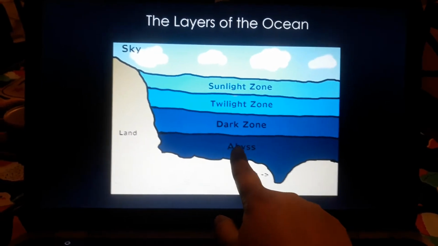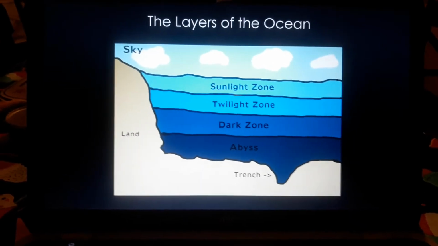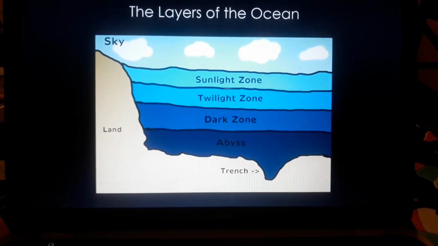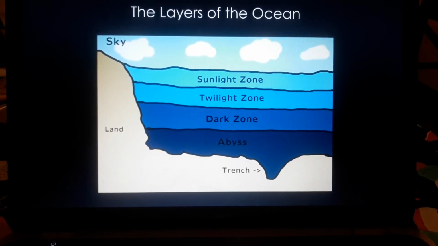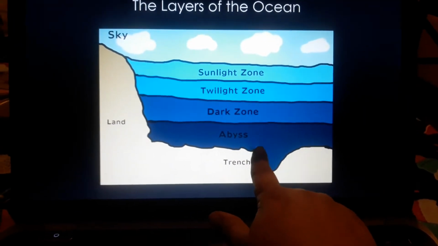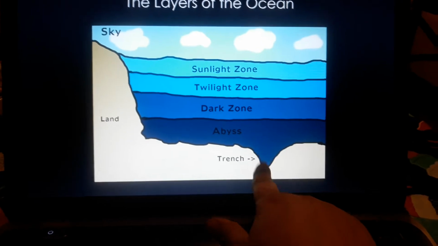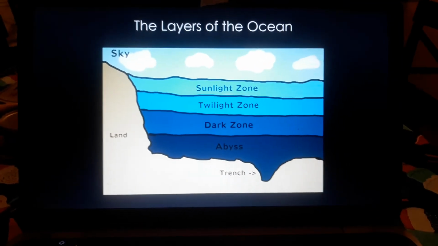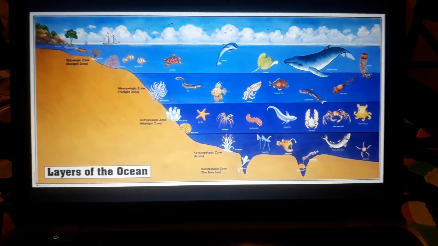And down here you've got the abyss. If you have seen Finding Nemo, you'll remember that scene where there's a submarine down there and he's kind of teetering and all of a sudden he falls way down into a trench, and that's what that is right there. That's the deepest part. So those are the layers of the ocean.